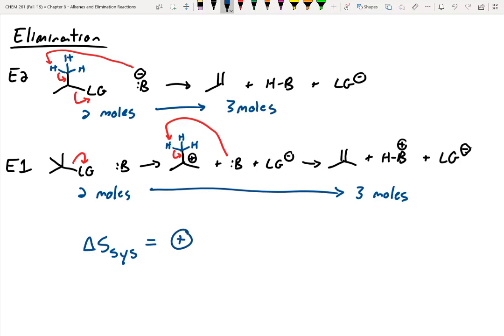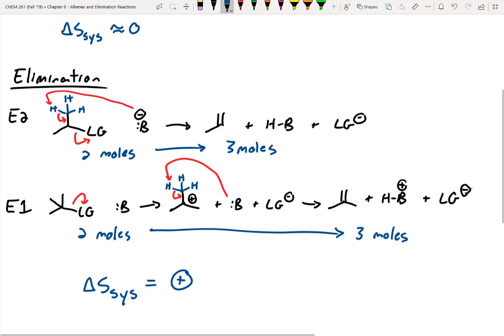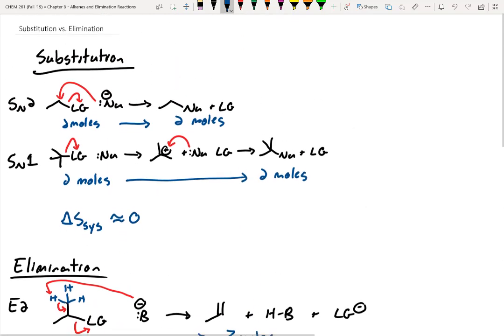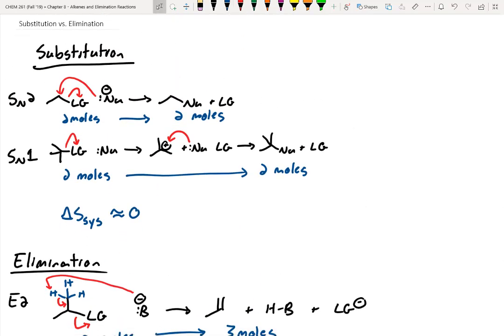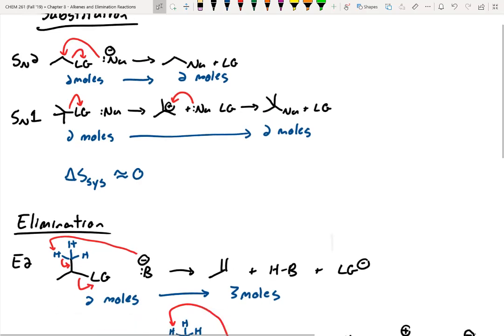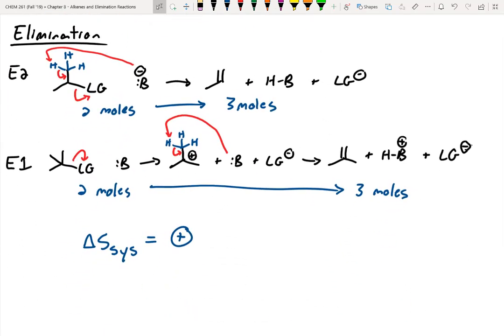Okay, this is interesting, right? Or maybe it's not. Up here, we said that there was no change in entropy. Really, it's going to be close to 0. On the bottom, we said delta S of the system is positive. All right, I have a question for you.